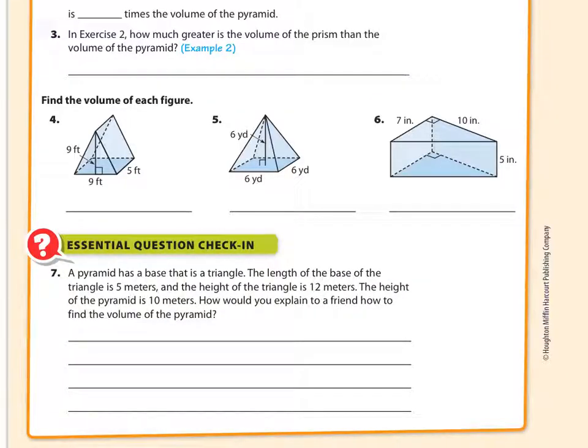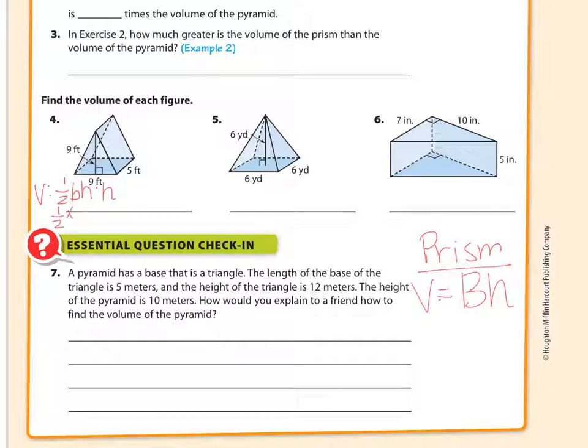So I'm going to wrap this one up with just finding the volume of the two. I'm going to do 4 and 6 first because they're the two prisms, and then we'll do the pyramid. So again, the formula for a prism is the area of the base times the height. On this one, the base is still a triangle. It's a triangular prism. So the area of the base is 1/2 the base times the height, and then times the height again.